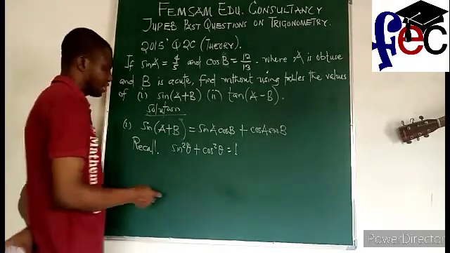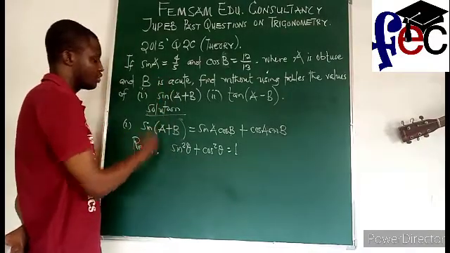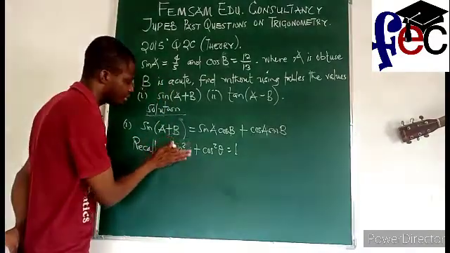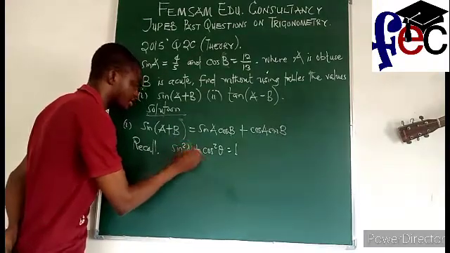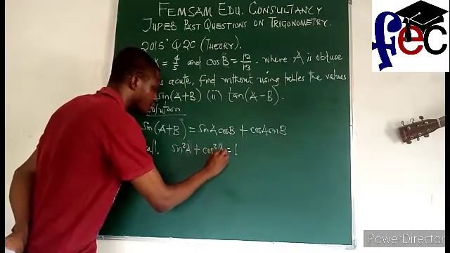So permit me to make it easier for what we are doing. Instead of using theta, I want to change it to sine square A plus cos square A equals 1.